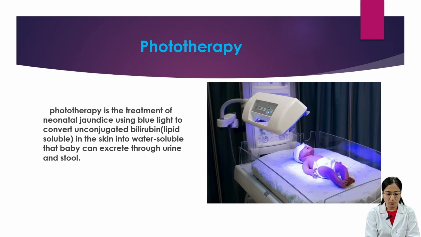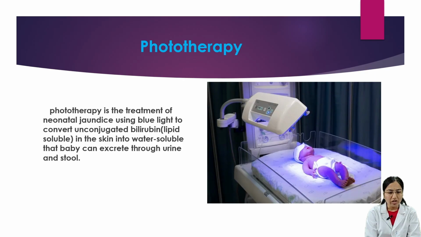We'll see what is phototherapy. Phototherapy is the treatment of neonatal jaundice using blue light to convert unconjugated bilirubin in the skin into water soluble forms that the baby can excrete through urine and stool.